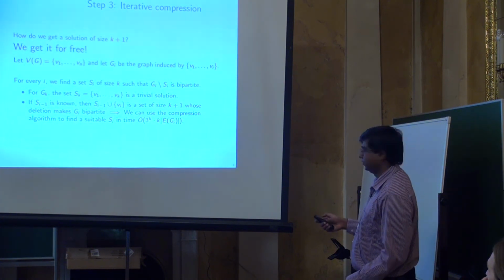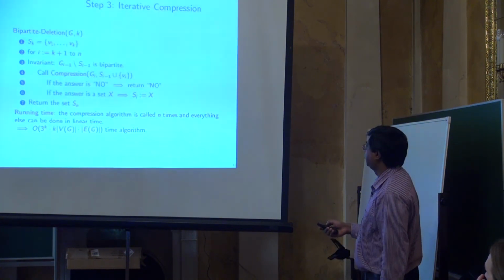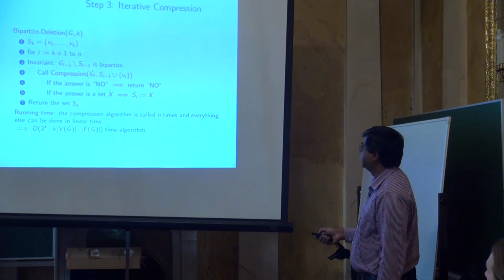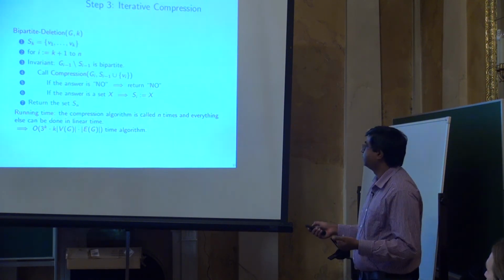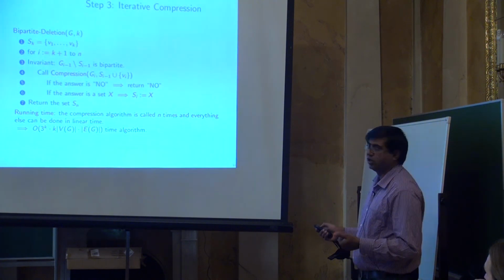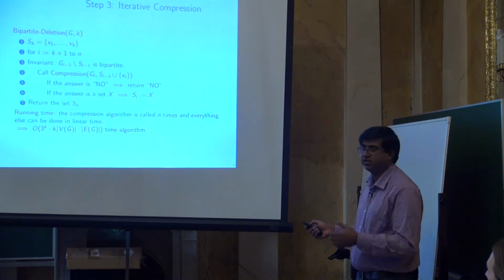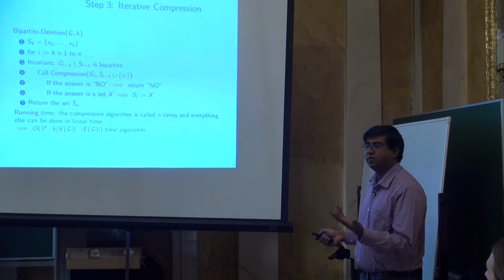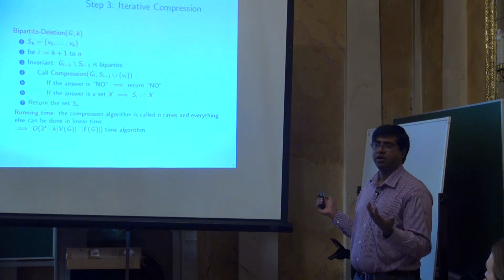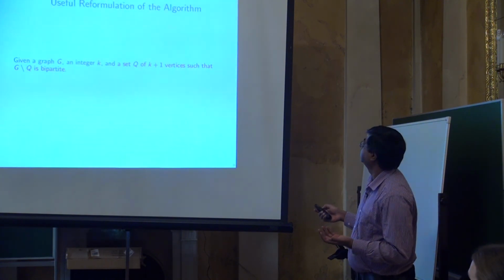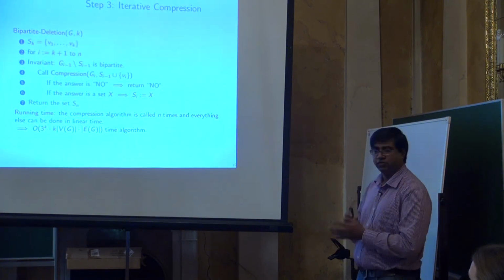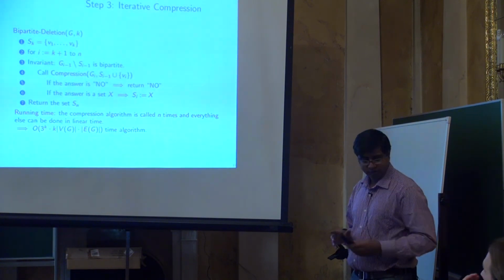Now you use my compression algorithm. So the total running time of this algorithm is 3^k times |V|^{O(1)} times k for each compression routine, and we repeat this n times. So this is my algorithm.